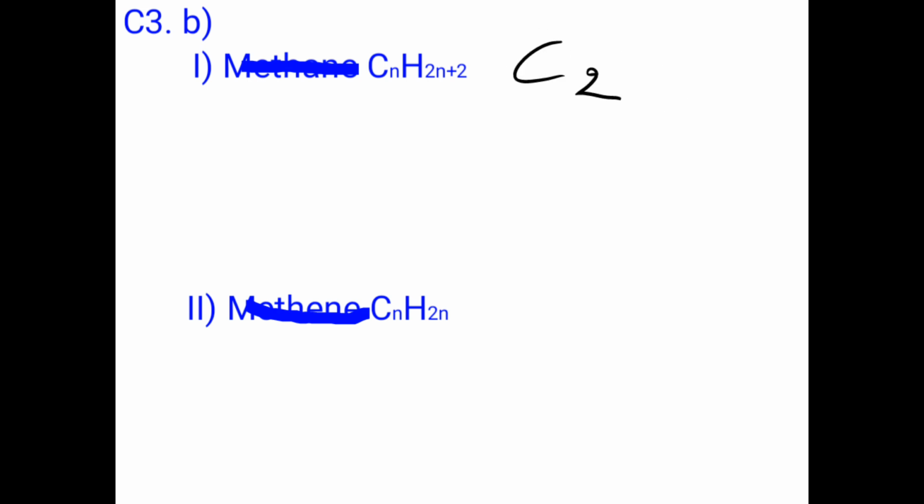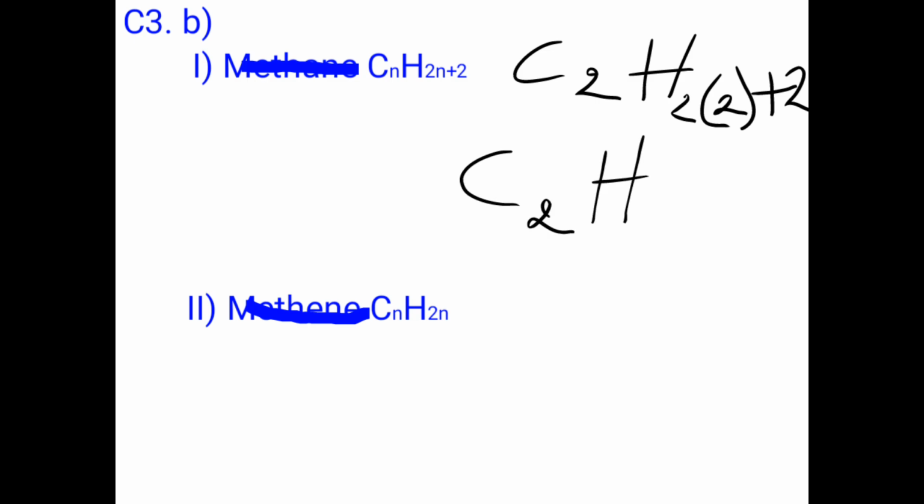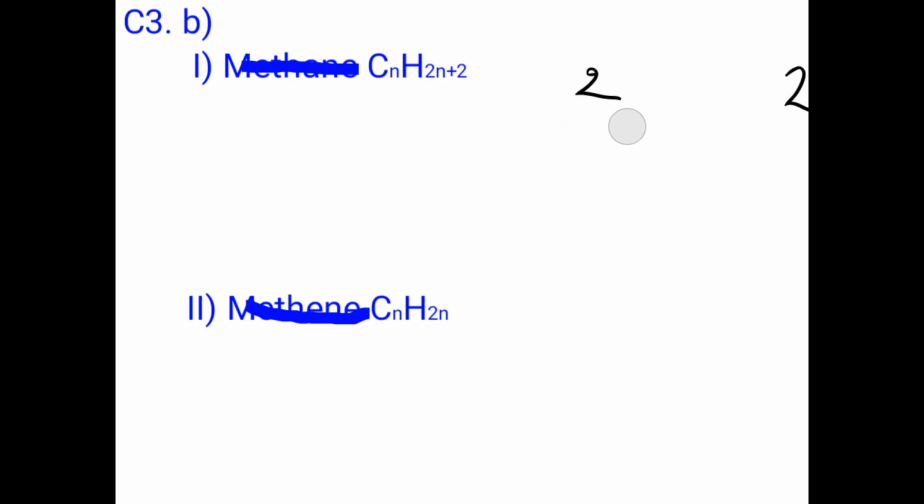If we put two there, then on H we also put two, multiplied by two, then plus 2. So this will give us a structure of C2H6. That will be the structure of ethane.